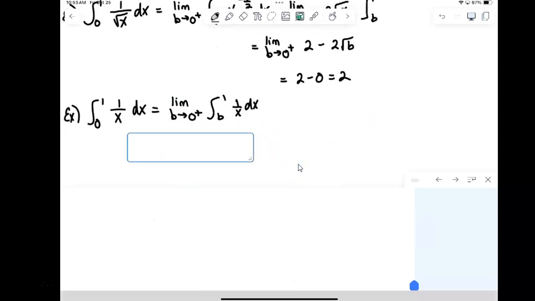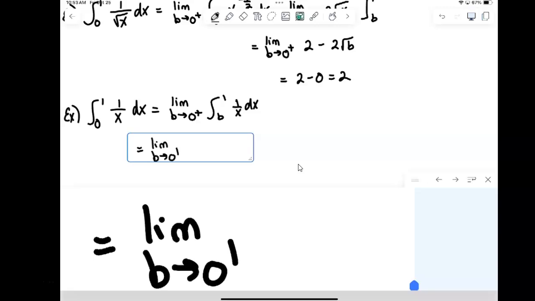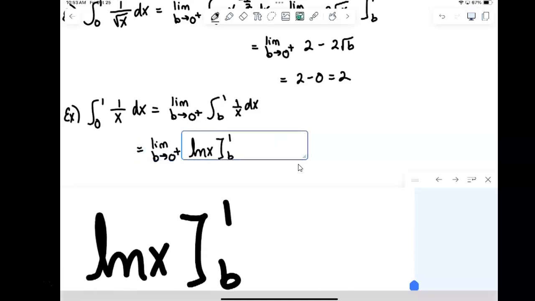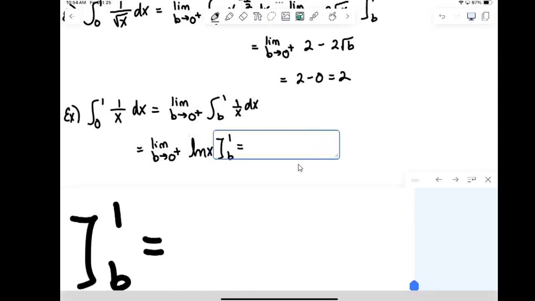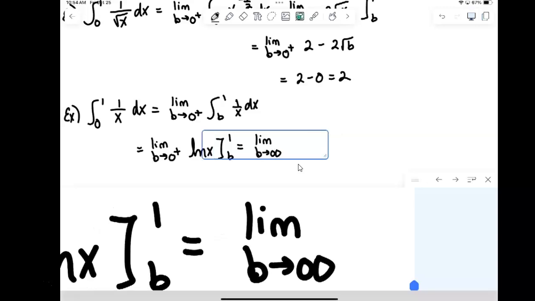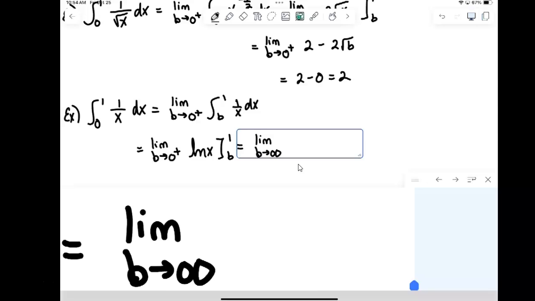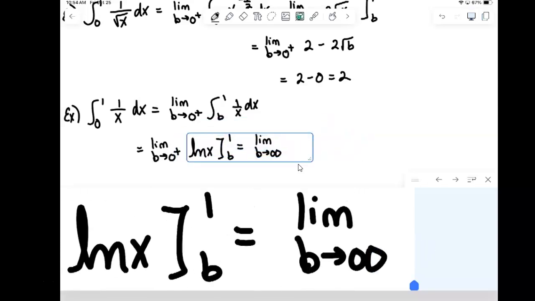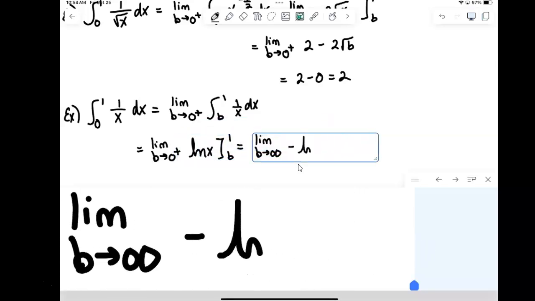That would be the limit as b approaches 0 from above of the ln of x, evaluated between b and 1. And that would be the limit of ln of 1, which is 0, minus ln of b.